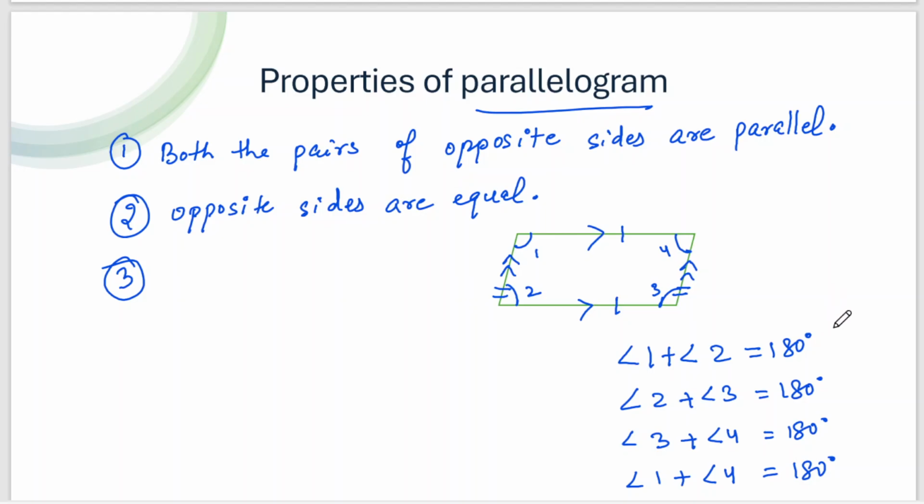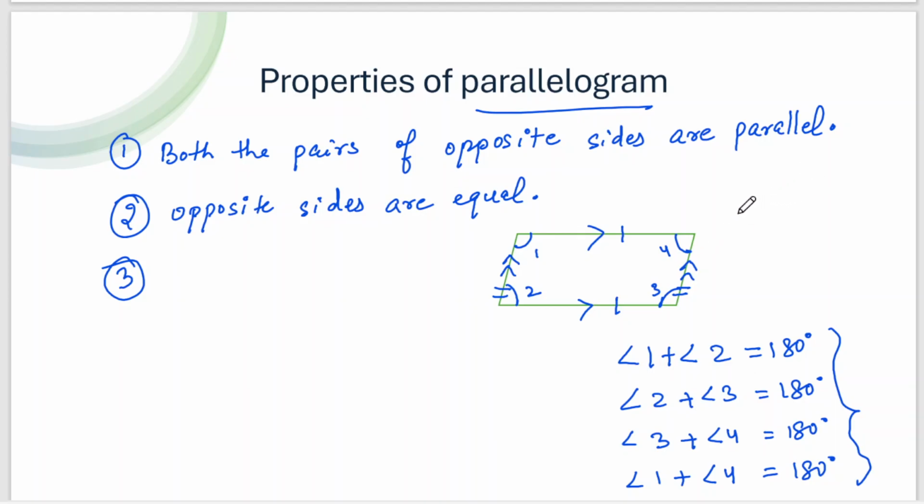Why is it happening? Because in a parallelogram, adjacent angles are supplementary. Why are they supplementary? Because of co-interior angles. We have studied that the sum of co-interior angles is supplementary.